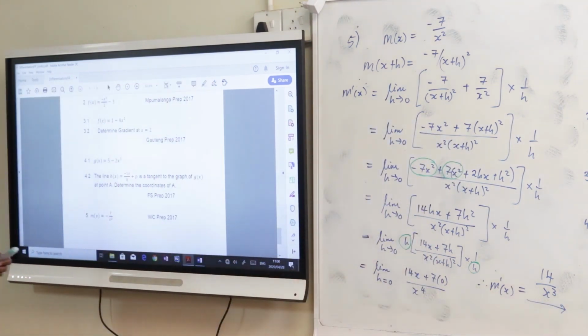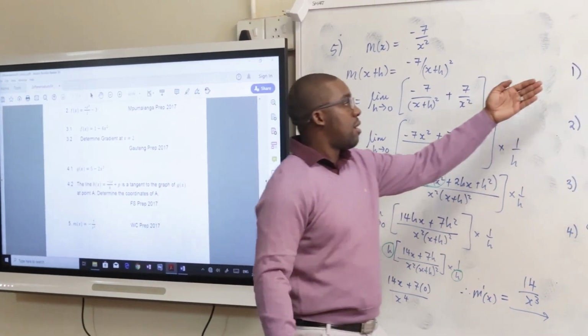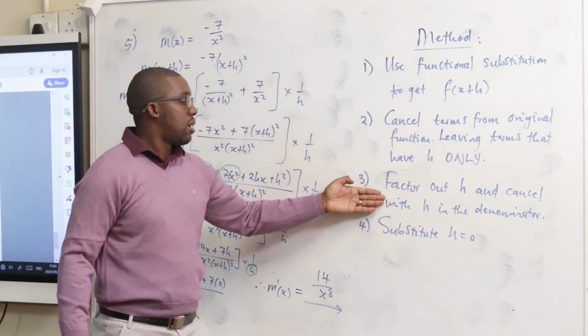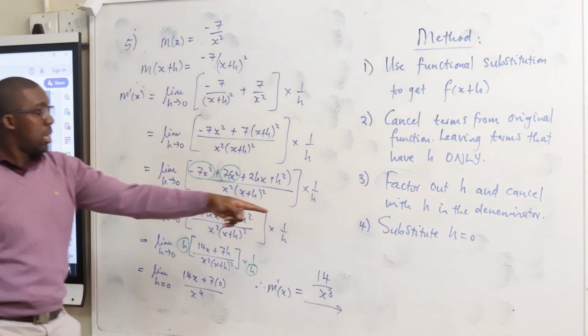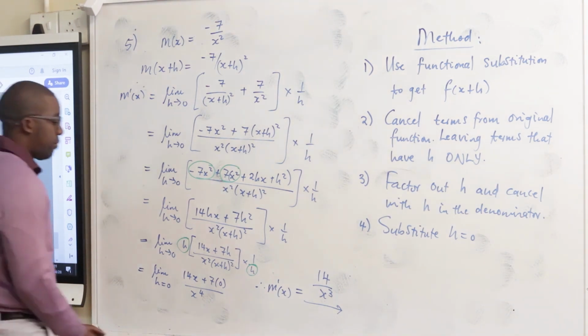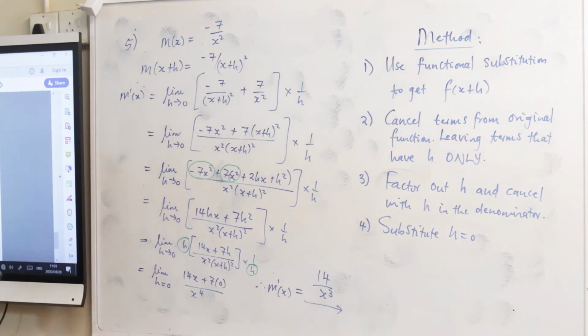That is the final answer. And the key is always to follow these steps: functional substitution, cancellation of original terms, factoring out an h, and substituting h is equals to 0 for h. That was number 5, Western Cape 2017.